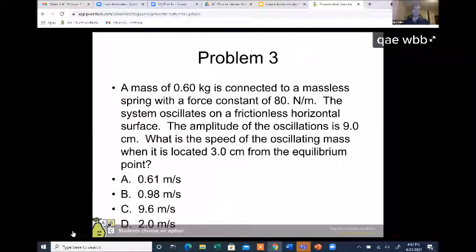We're going to try to get through problem 5 today. Because of our tech issues, we're not going to finish everything I'd hoped to do.